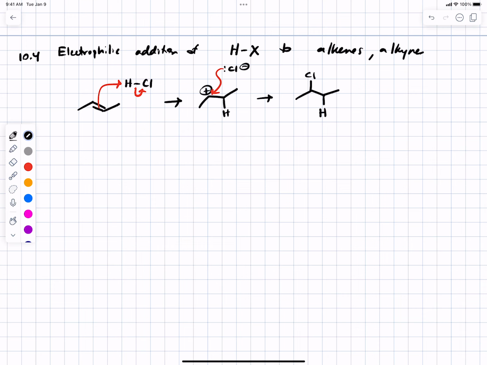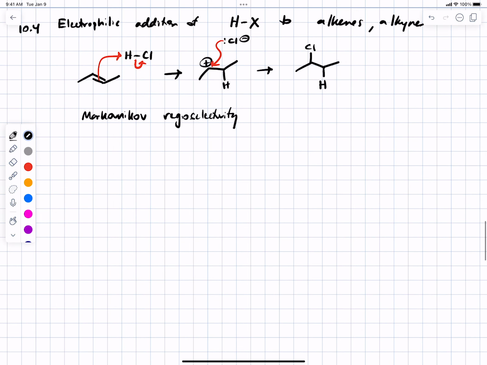General issues: we expect Markovnikov regioselectivity because you've got a carbocationic intermediate. So generally chloro ends up on the more substituted carbon. Relatively simple. The first step is the rate determining step, rate determining protonation.